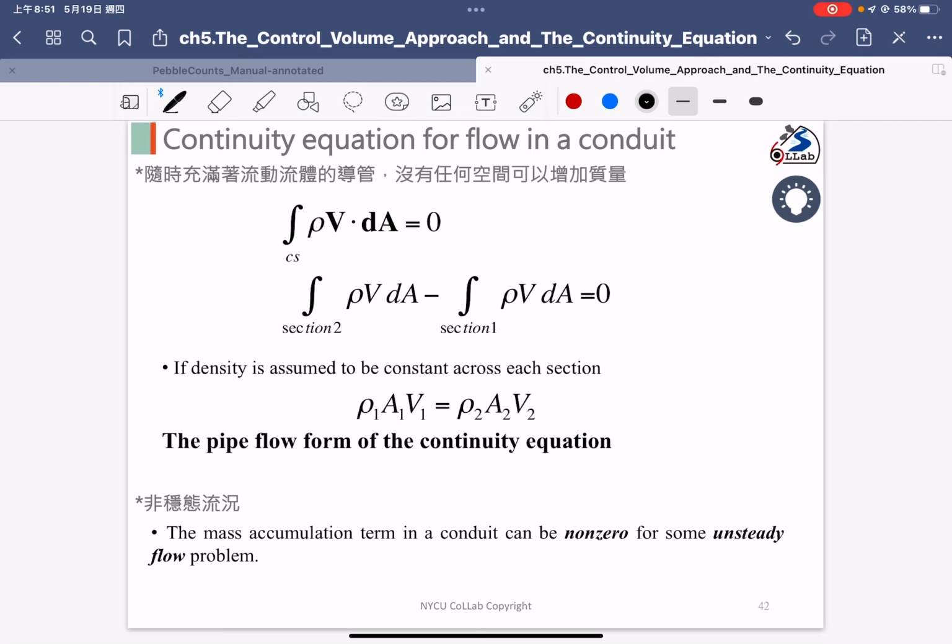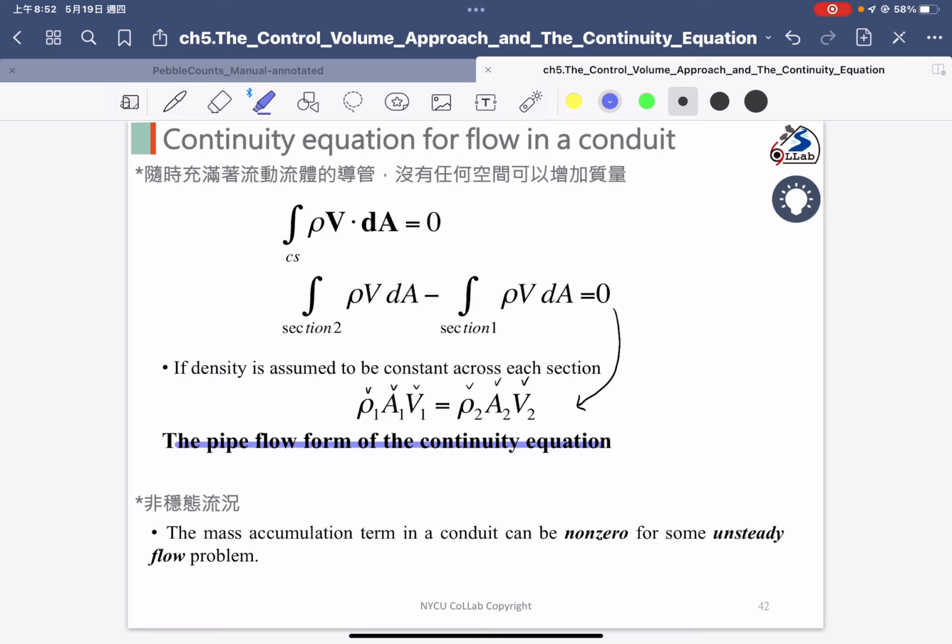So you can rewrite the integration formula to be this formula. So we have rho 1 density multiplied by the cross-section area 1 multiplied by the velocity 1 will equal to rho 2 A2 V2. Okay, so this is also the pipe flow form of the continuity equation.